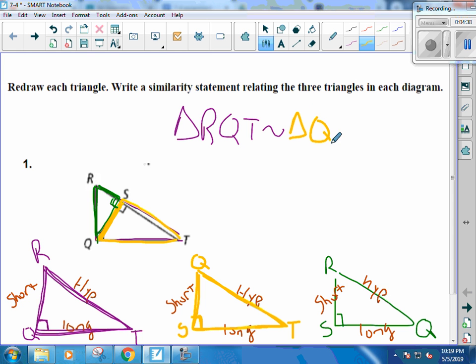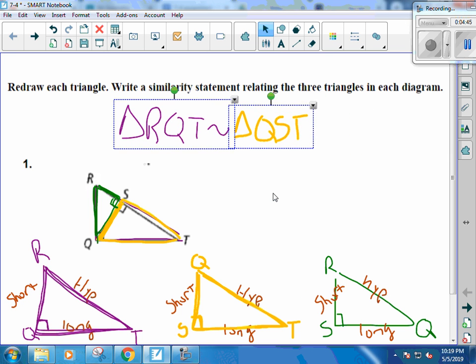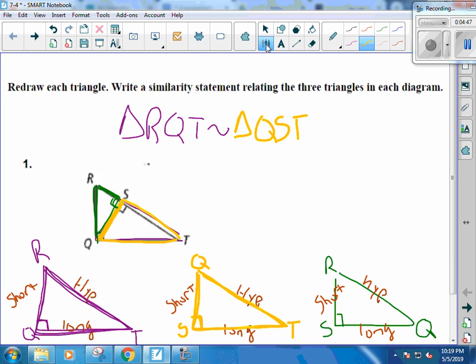Triangle QST, which is similar to, and again, be consistent: short, long, hypotenuse. Triangle RSQ. And that is a similarity statement. It's naming similar triangles, so use the squiggle mark, not an equal sign.